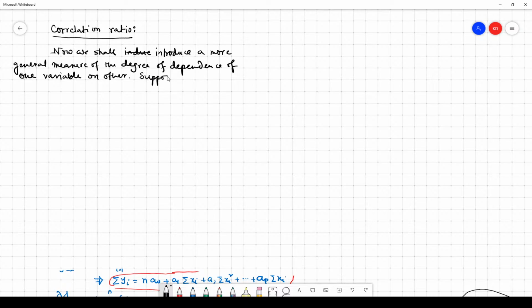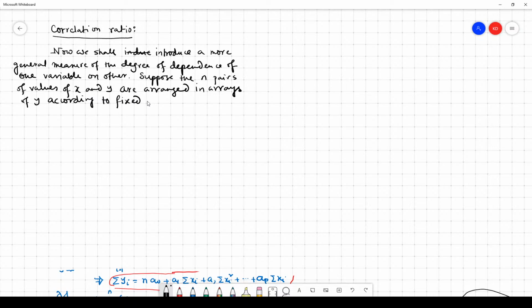Suppose the n pairs of values of x and y are arranged in arrays of y according to fixed values of x.